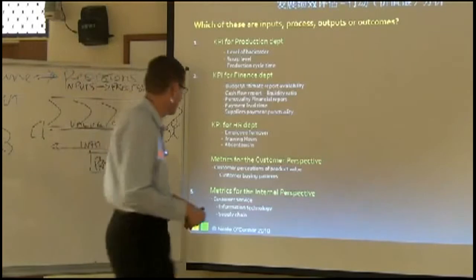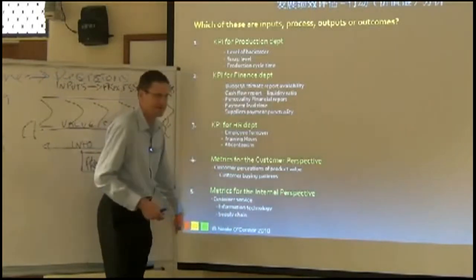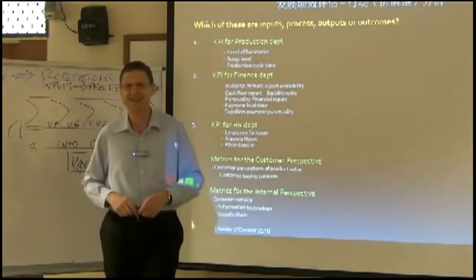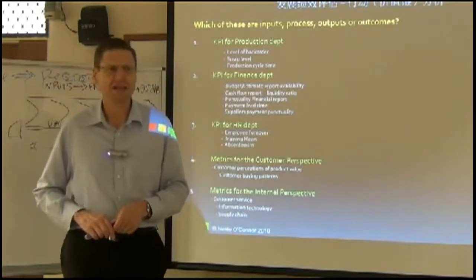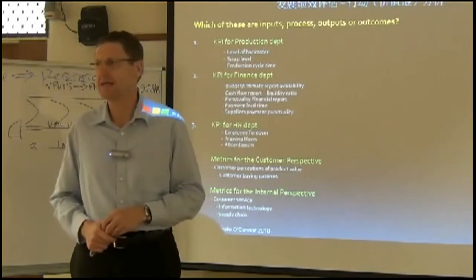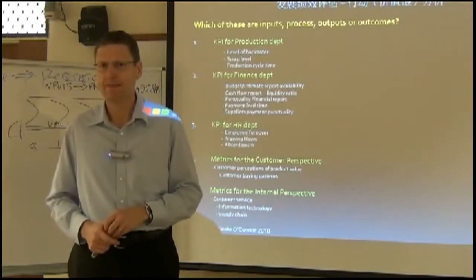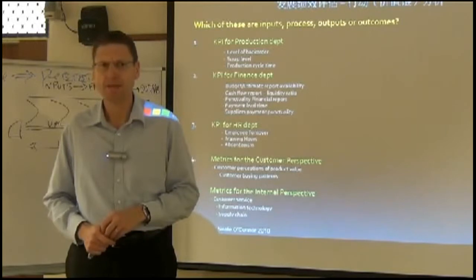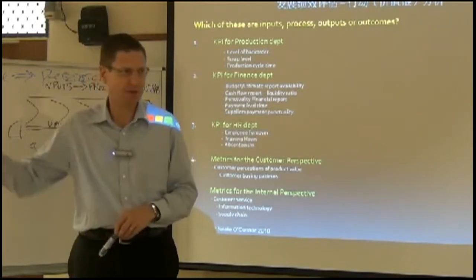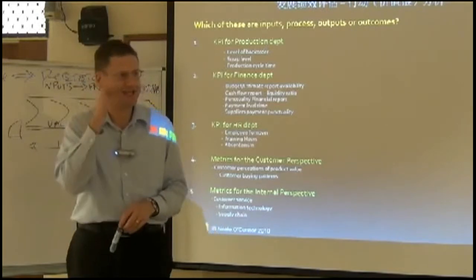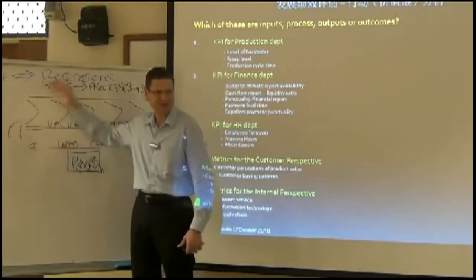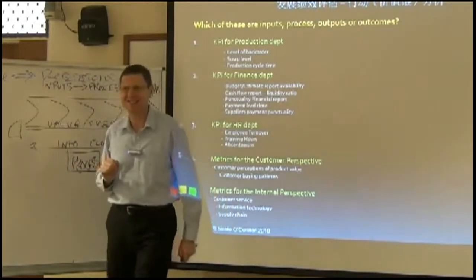Okay, we're on the right track here. Finally. Okay, good. Customer buying patterns. Hands up for outcome. Okay, outcome. And for the next period, that becomes the input, right? But that's not the current value creation, that's the information flow for the next period, all right? So let's understand that.